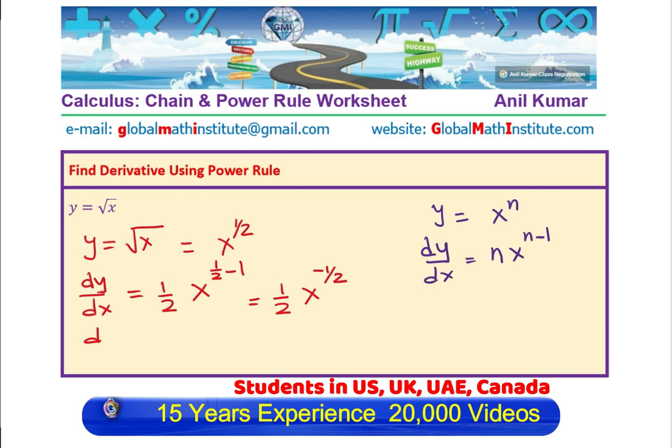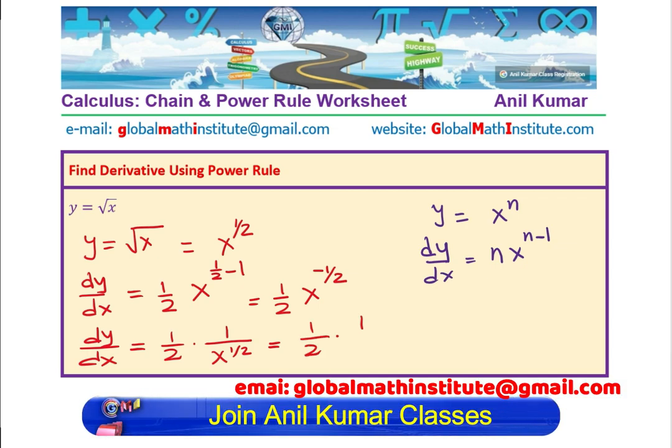So I get dy/dx equal to half times 1 over x to the power of half, which is the same as 1 over 2 times 1 over square root of x, which I will finally write as 1 over 2 square root of x. Is that clear to you?